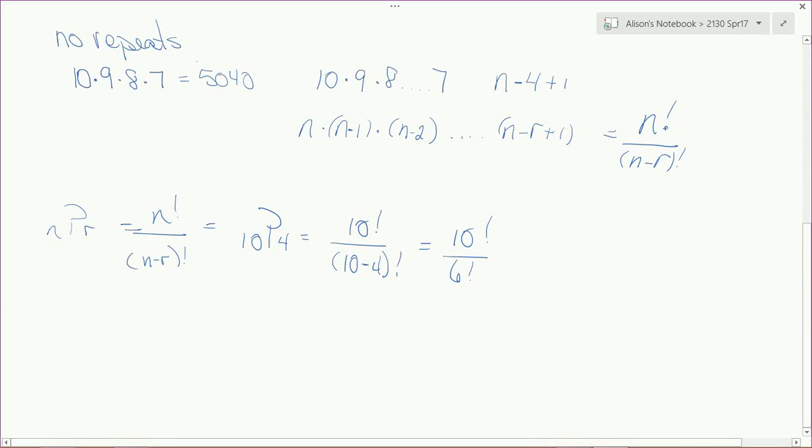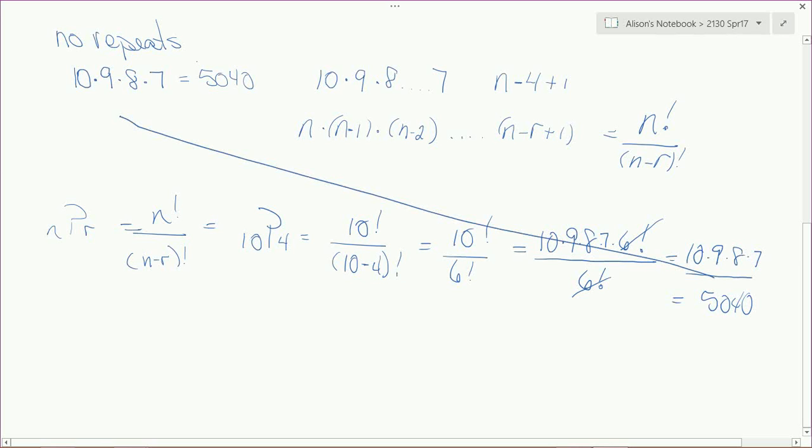If I were to plug these values into my calculator, I would come up with some amazingly large numbers, so I'm going to simplify this a little bit more. I know that 10 factorial is equal to 10 times 9 times 8 times 7 times 6 factorial. Then if I have a 6 factorial underneath it, those two would cancel out, and I end up with 10 times 9 times 8 times 7, which gives me the 5,040. I know that because that was my original equation right there. So it would appear that this formula is actually working.